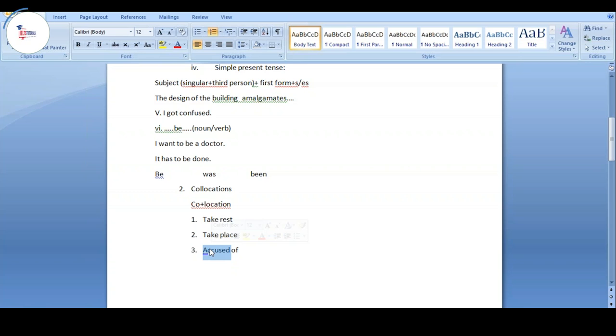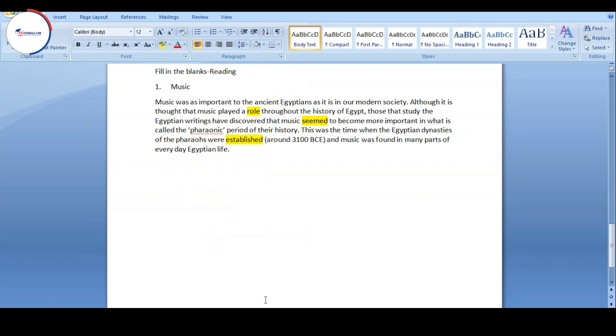Never cram the words. After have, you need the third form of the verb, and you will find the third form from your options. Writings have discovered that music seems to become. Now see, after to, I need the first form, and it is there also, to become more important in what is called the pharaonic period of their history.